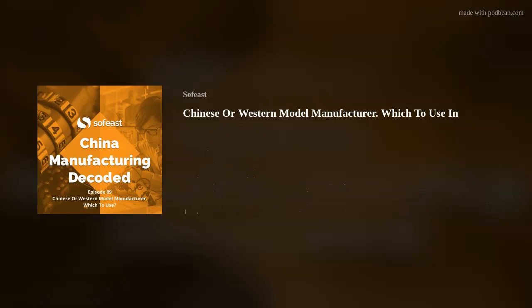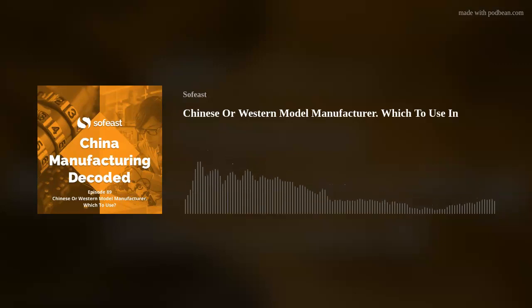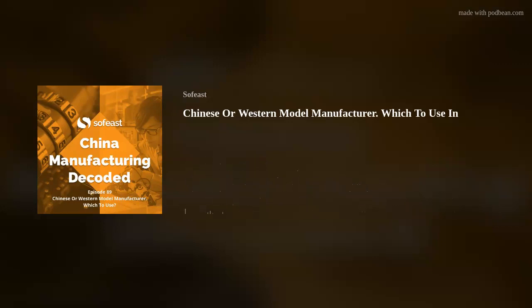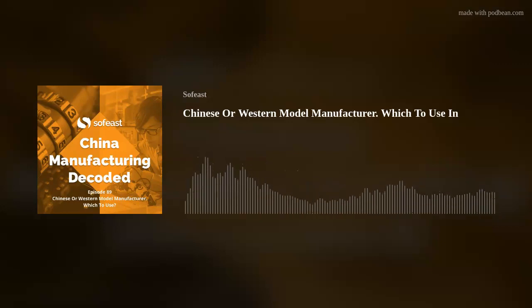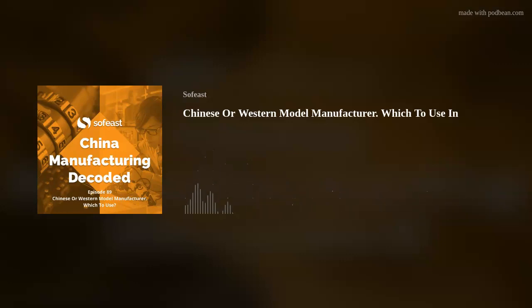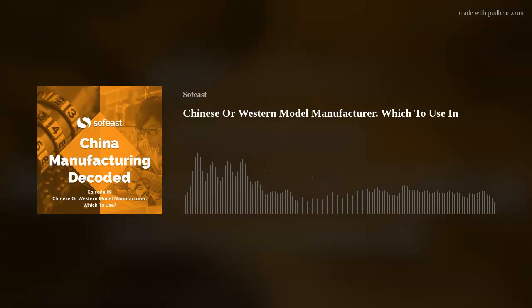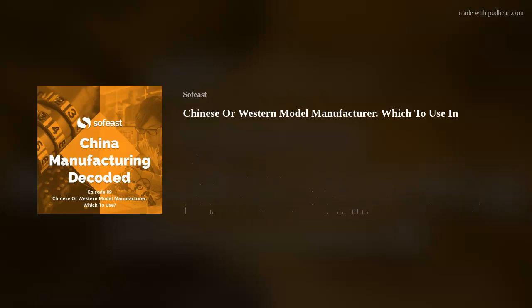If it's 100 pieces, they're going to laugh you out of the room or out of the Skype call. Right. But if you're talking about 20,000 per batch, well, they will talk. They will be interested. Many of them will be interested. There's a lot of other considerations, I guess, but these are the ones that come to my mind first.